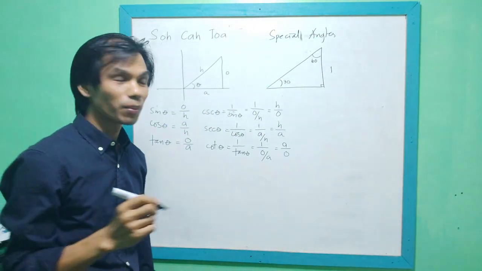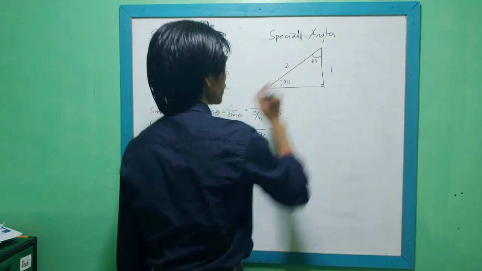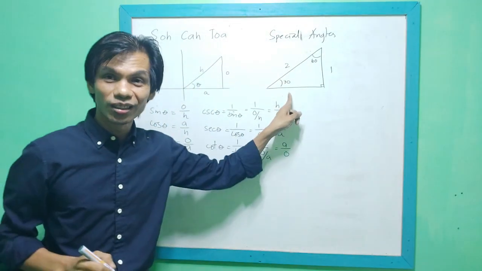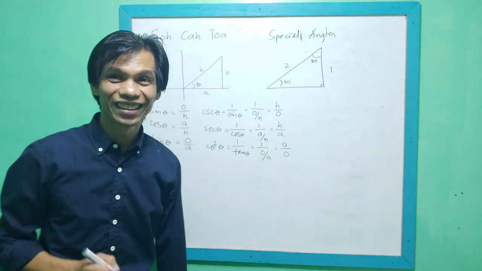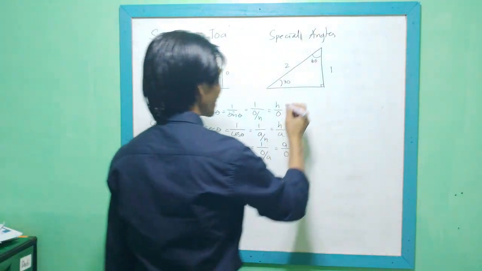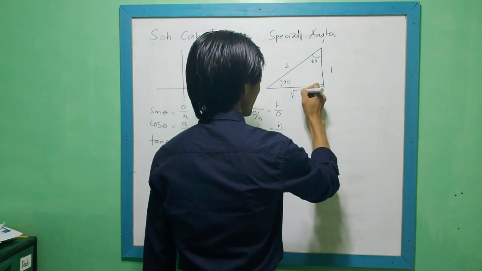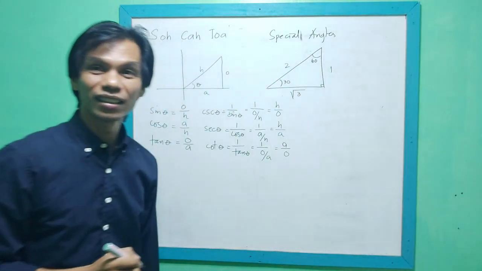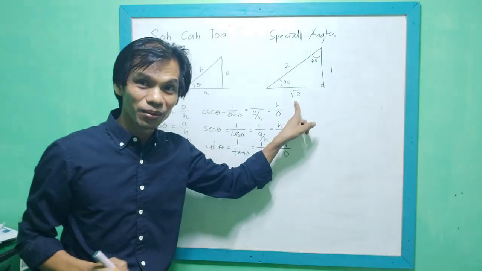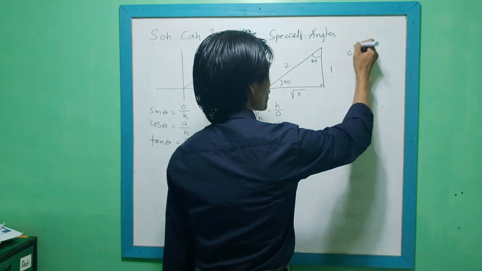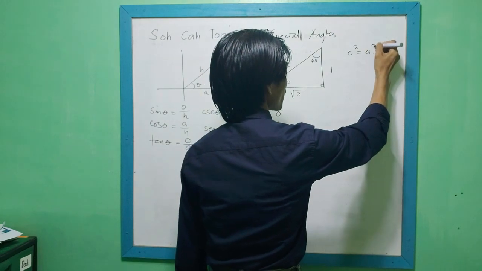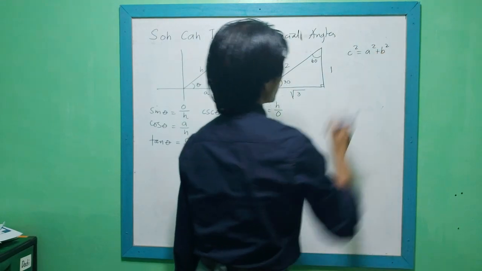Ang pinakamahaba ay 2. Ano sa tingin nyo to? Yung hindi nasa gitna. Square root of 3. Actually, this can be derived. Alam nyo ba? Sa Pythagorean theorem, meron tayong formula na c squared is equal to a squared plus b squared.